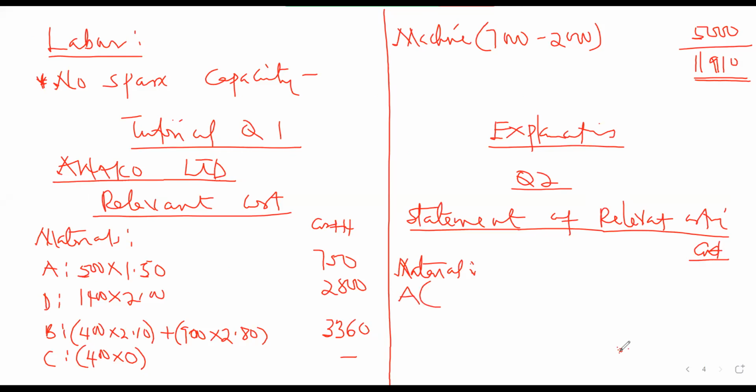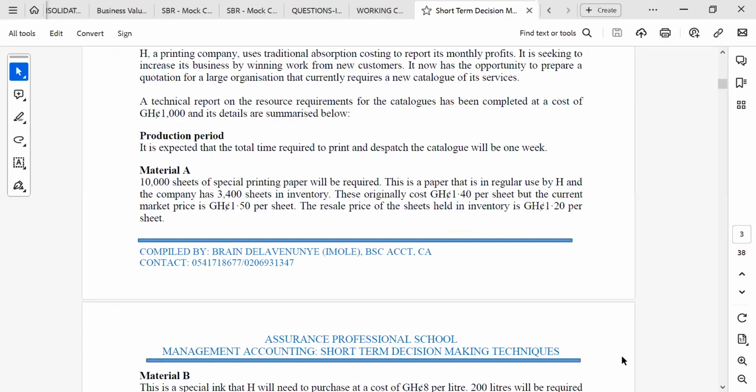So material A, how many quantity do we need? 10,000. Okay, but how many quantity do you have in store now? 3,400. So if you have 3,400, it means that you have to purchase the 10,000 so that your 3,400 will still be there for you.